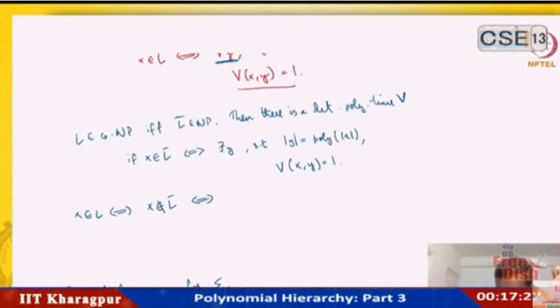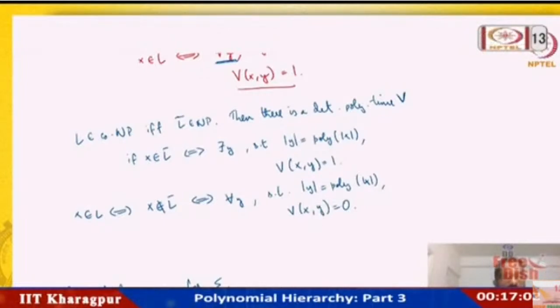The negation is that for all y, the property is not satisfied. For all y with length polynomial in x, V(x,y) equals 0. That is the same verifier as before, right?